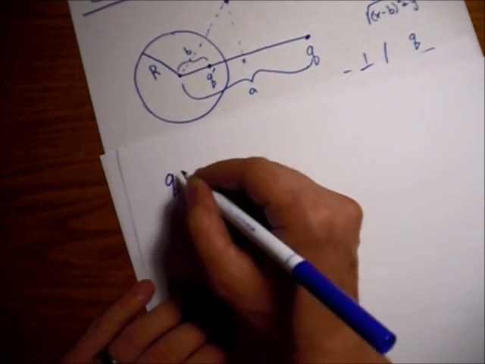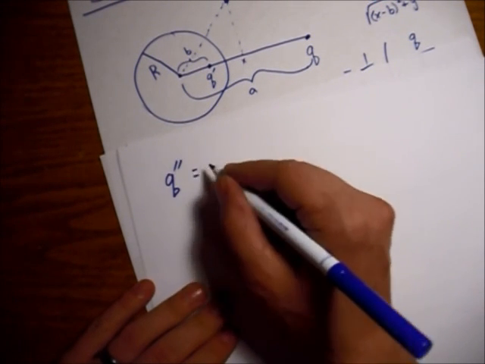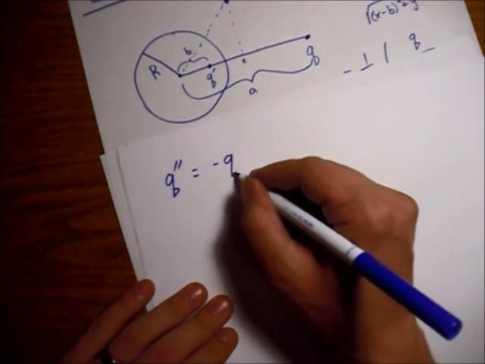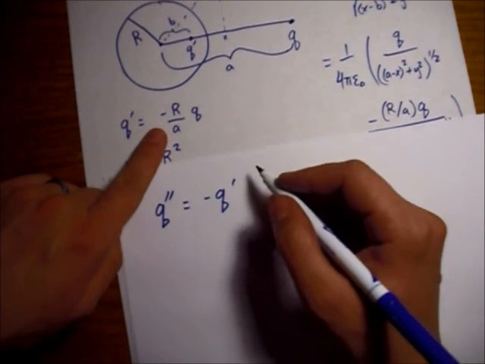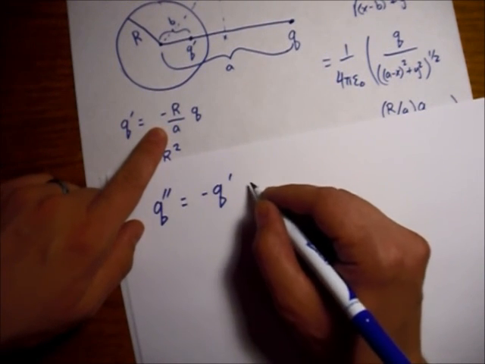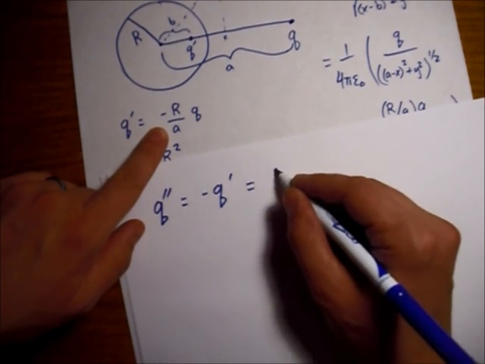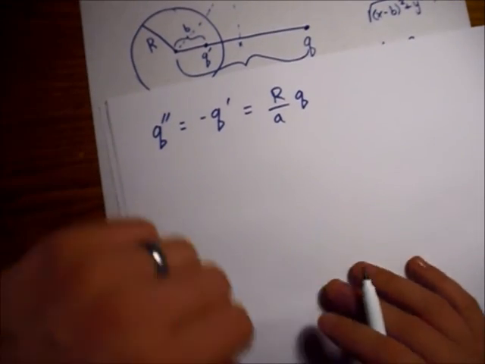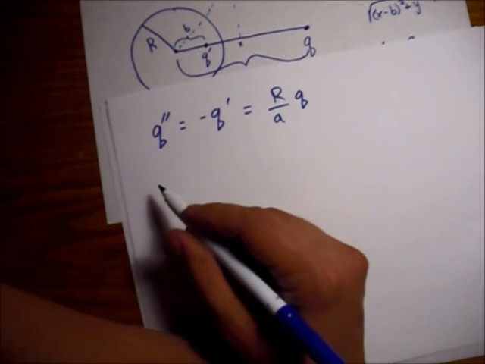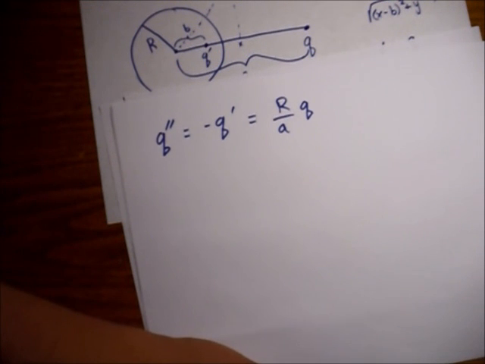Let me just write that out real quick. q prime prime is equal to minus q prime, and q prime is equal to this. So minus q prime is just R over a times q. What is the force between the two charges? That's just by Coulomb's law.